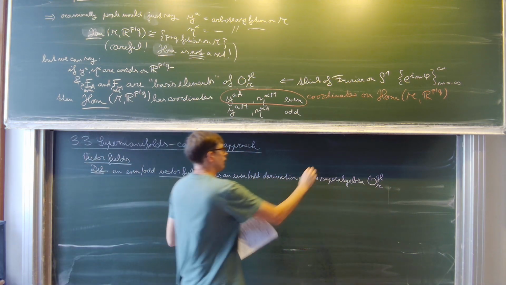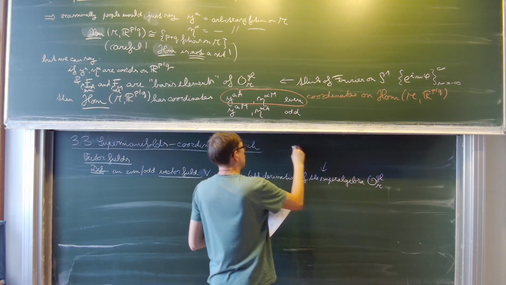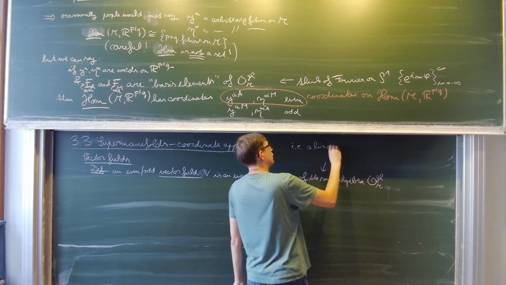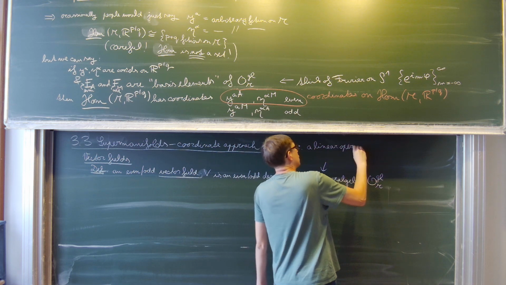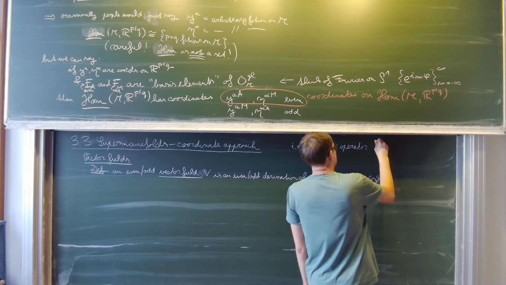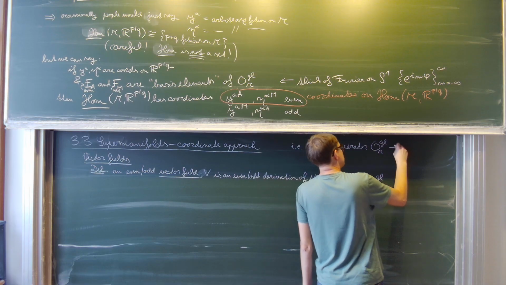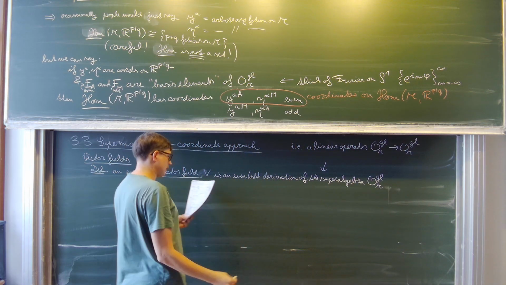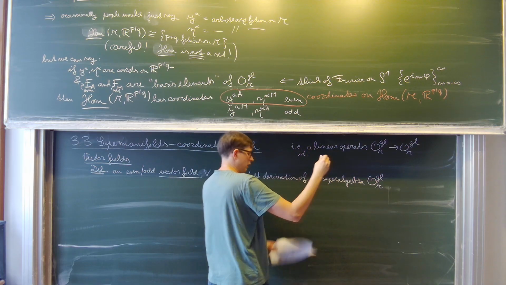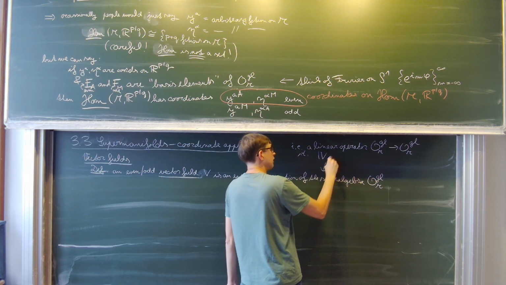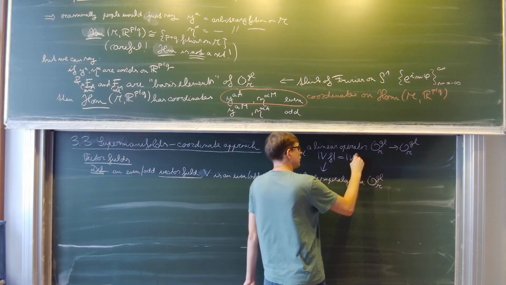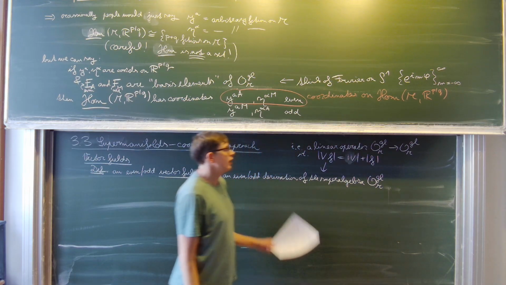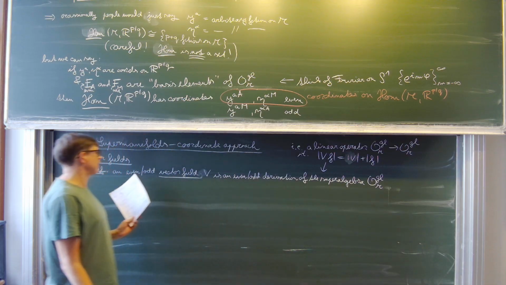So what does this mean? I.e., it's a linear operator from this space to itself, such that if you act on functions of concrete degree, then you change or not change their degree depending on whether it's even or odd.